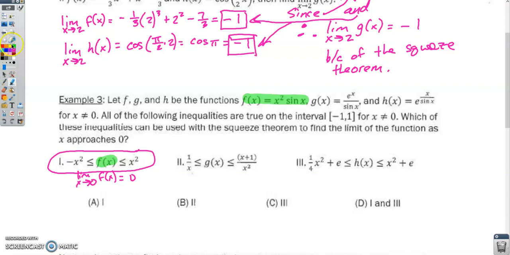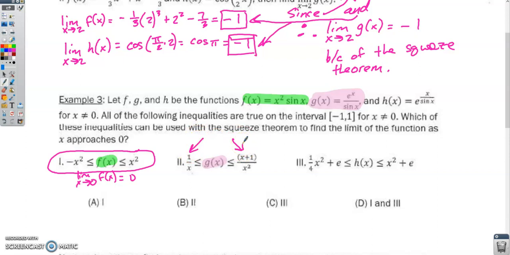All right, next let's focus on g of x, e to the x over sine of x. And this one looks like it might be a little bit tougher maybe. Okay, so let's see. The inequality is true. So g of x is in between those two. Now, in order to figure this out, we need the limit as x approaches 0 of these two functions to be equal.